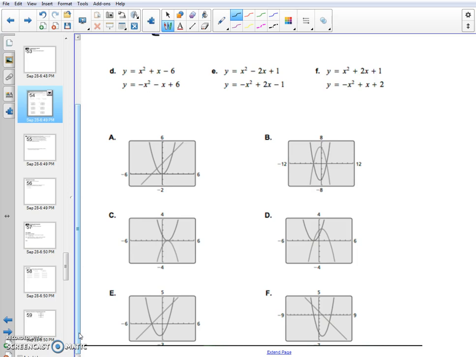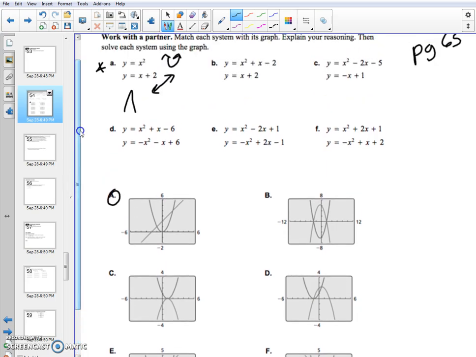And I said that's the most basic parent function parabola with vertex at 0, 0. It's got to be this capital A here. So this one is capital A. I'm going to go ahead and cross that one out then, so I know that one's accounted for. When I look at system B then, I still have a parabola. And since it's positive, this one opens up. And a line with a positive slope again, because it's a positive x plus 2.